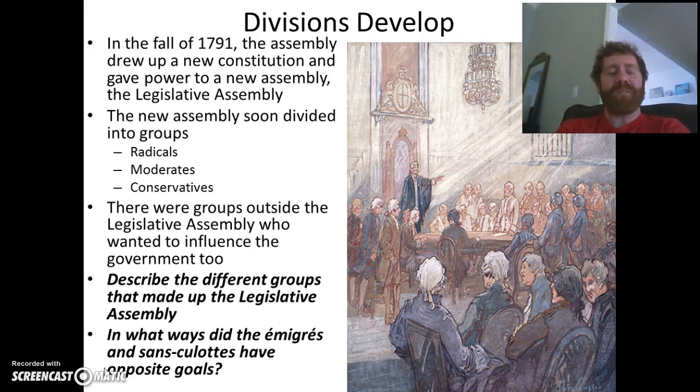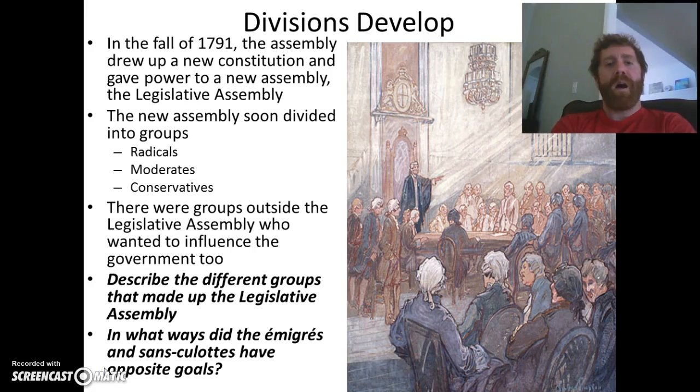Finally, in the fall of 1791, the Assembly drew up a new constitution, which created a limited monarchy, where much of the power of Louis XVI has been stripped. The new governing body, the Legislative Assembly, now has the power to create laws and to declare war. However, Louis XVI, the monarch, still has the power to enforce the laws.